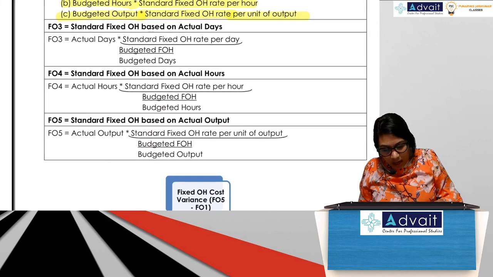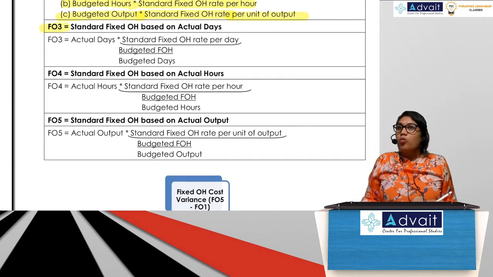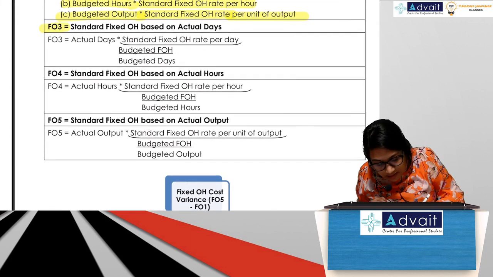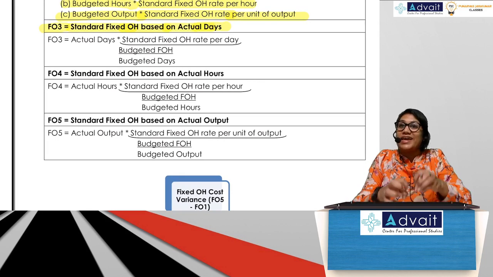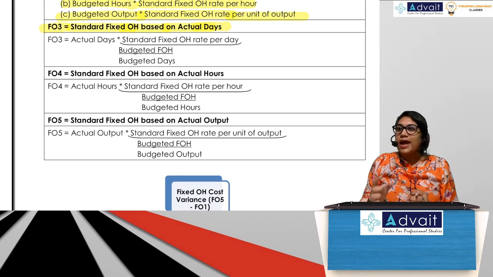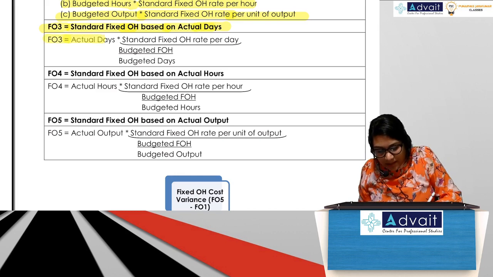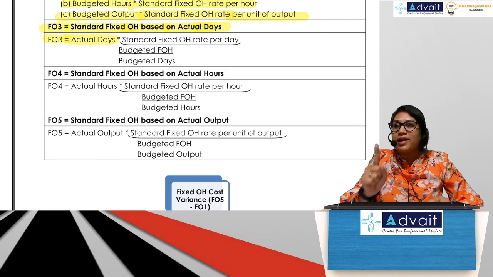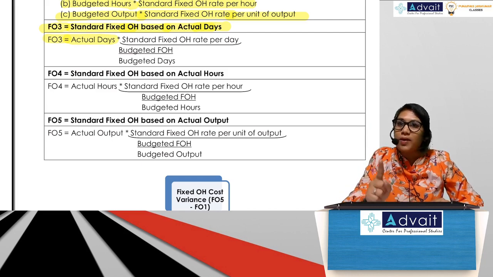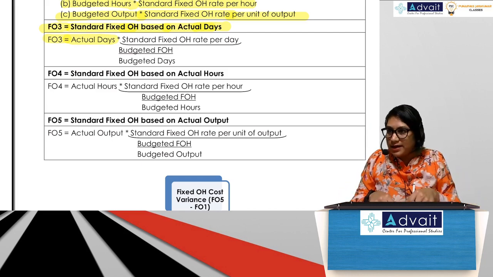Everyone? Now FO3. What is FO3? Standard fixed overhead based on actual days. So obviously FO3 will be actual days into... Now fixed overhead rate should be on the basis of days. I am multiplying days.